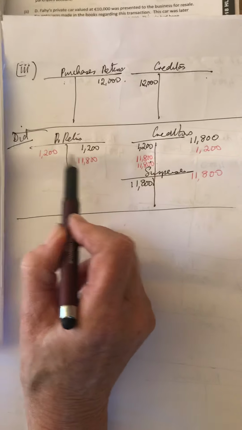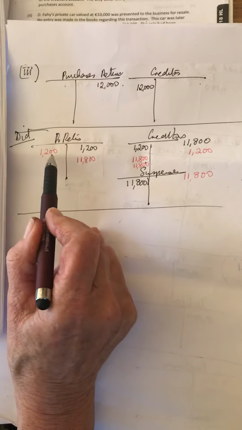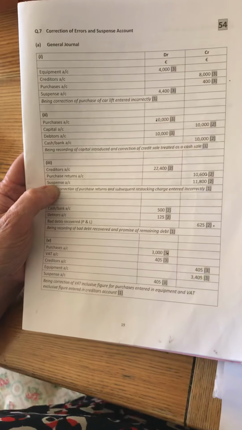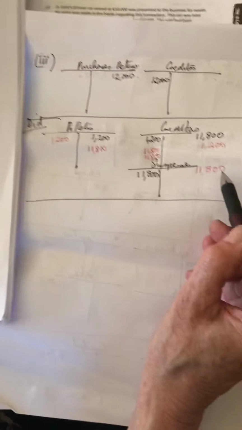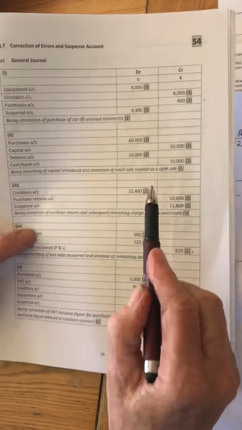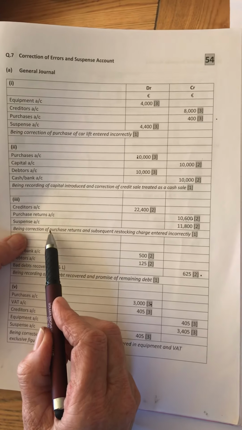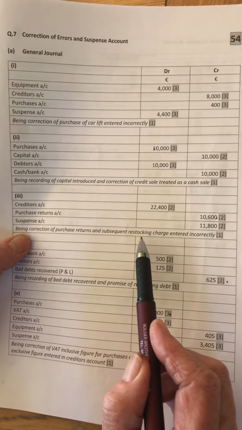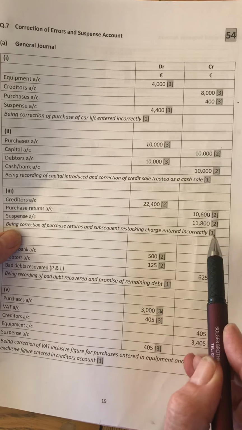It's 11,800 minus 1,200. That's 10,600. And my suspense is credited with 11,800. And so the corrections are in red, and they're the figures that you use for your journal entries. Being the correction of purchases returns and subsequent restocking charge entered incorrectly.